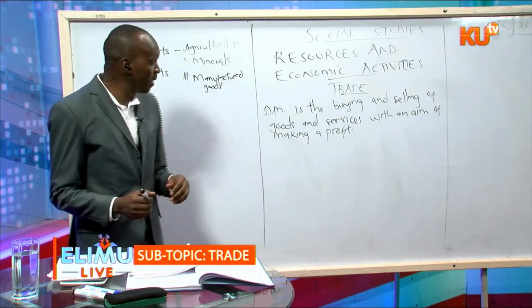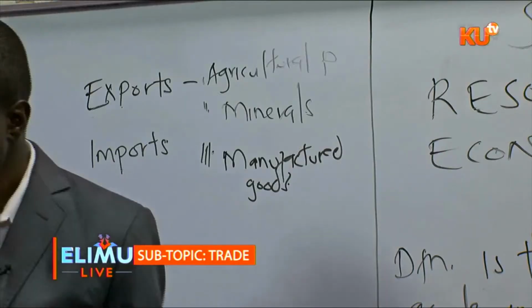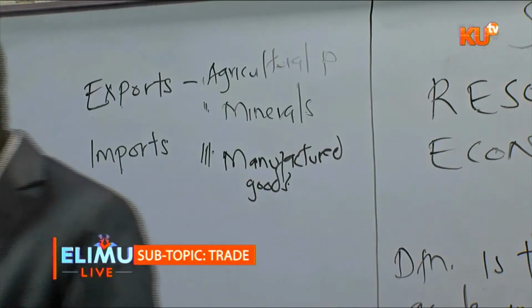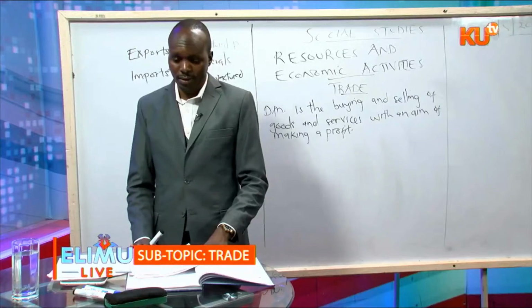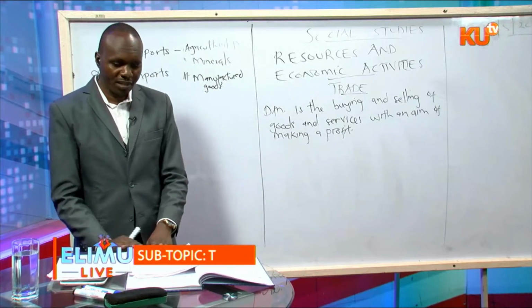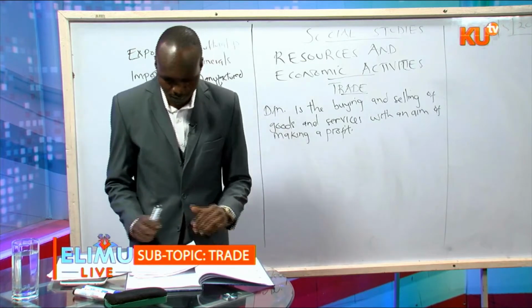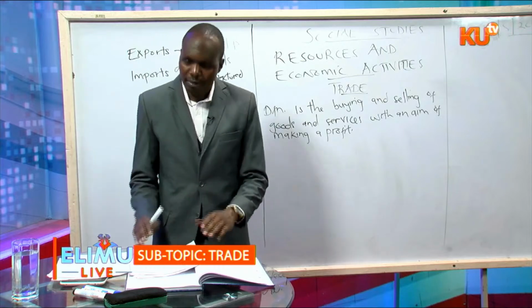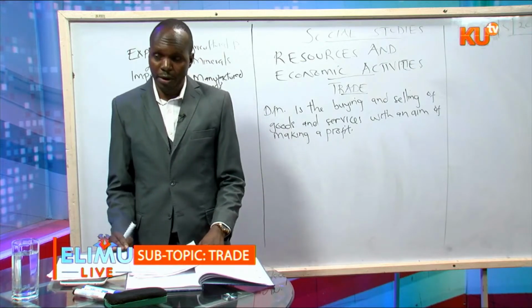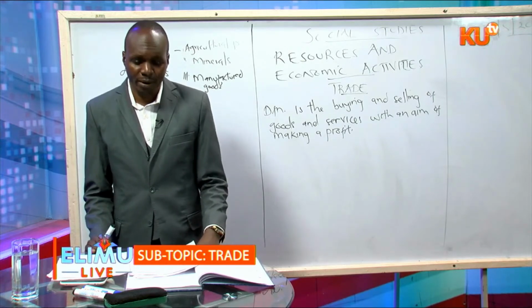The second category is imports. Imports are goods and services that Kenya buys from other nations. And the main imports of Kenya are manufactured goods and petroleum products. They include crude oil, which is processed and separated at Changamwe.